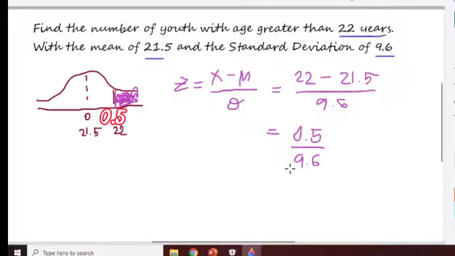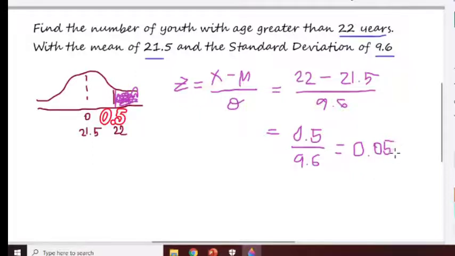Okay, 0.5 divided by 9.6 is equal to 0.0520833, but I'm going to estimate it to the nearest hundredths.